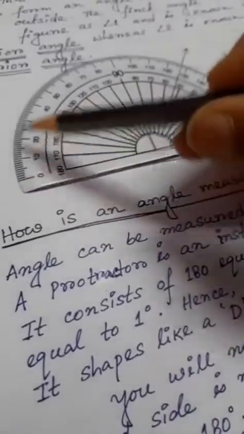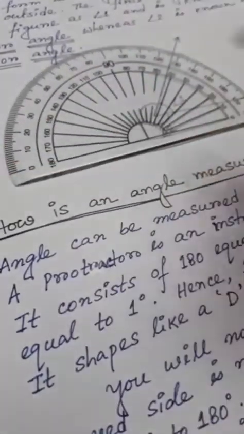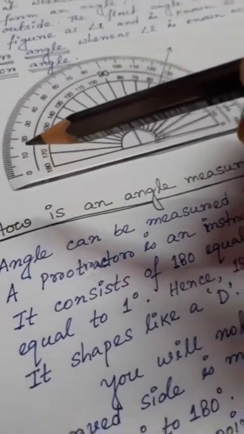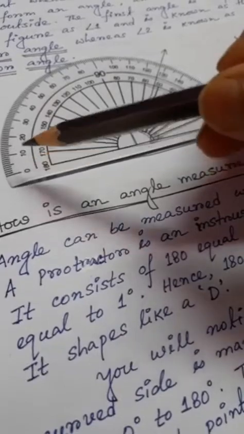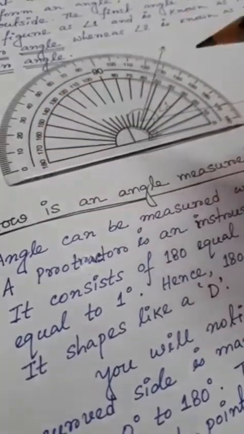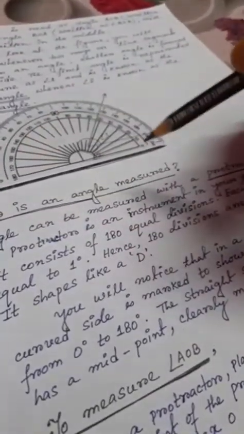This is the curved side. This is a straight line, and this side is curved. On this side the measurements are marked: 0, 10, 20, 30, 40 like this up to 180. So it shows angle measurement from 0 degrees to 180 degrees.